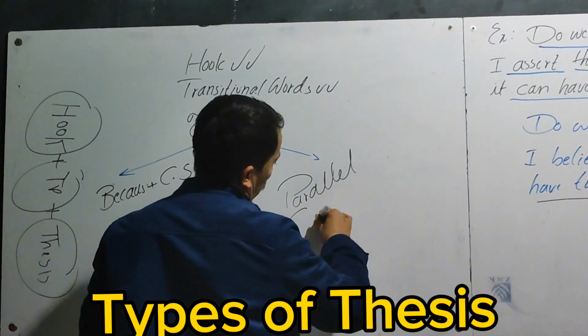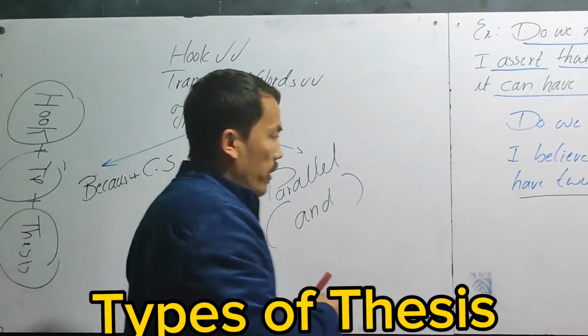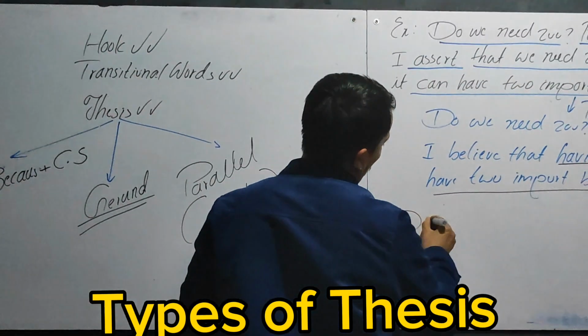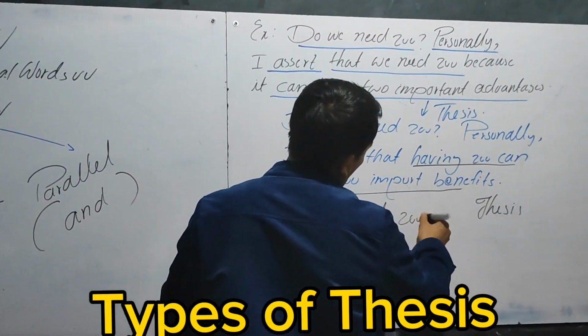Parallel by the word and. For example, we write again. Do we need zoo?